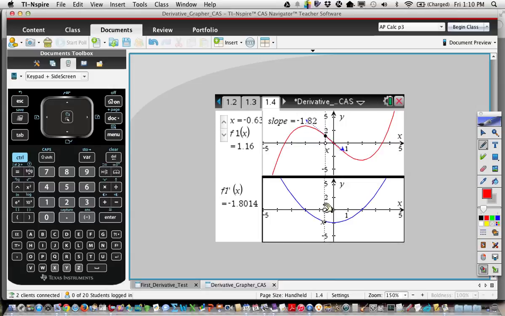And all the important points and characteristics about up and down and concave up, concave down, inflection point, local max, local min, there seems to be a connection here between f and f prime on when those happen. And what we want to be able to do is just know those cold. We just want to know when this happens on one, then this is going to happen on the other, and vice versa. And that's one of the things we're going to work real hard on the next couple days.